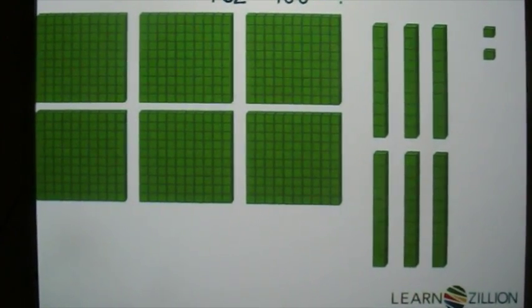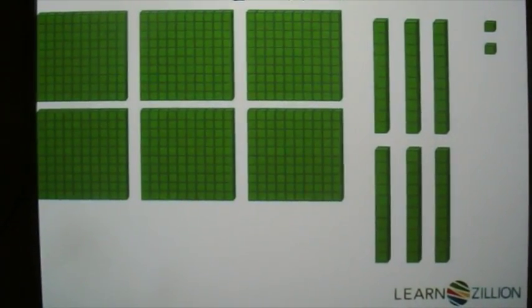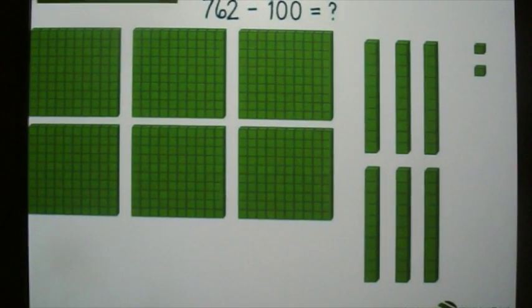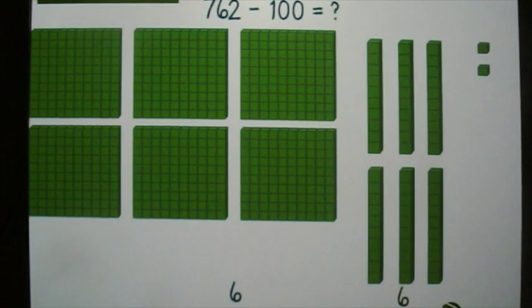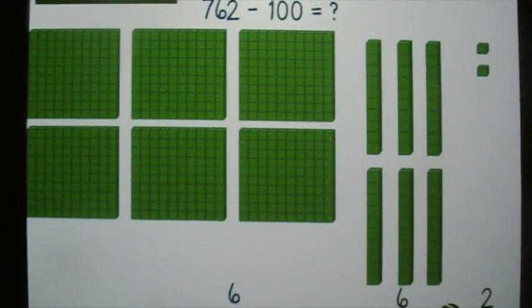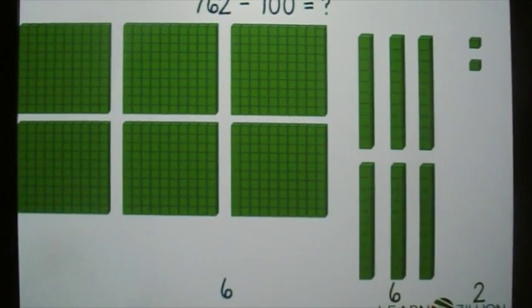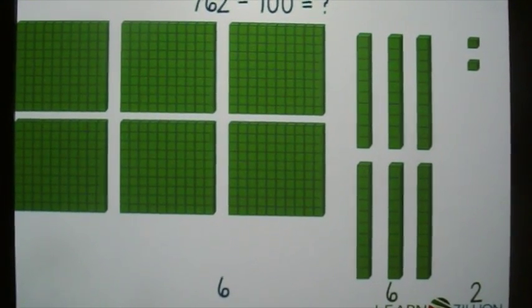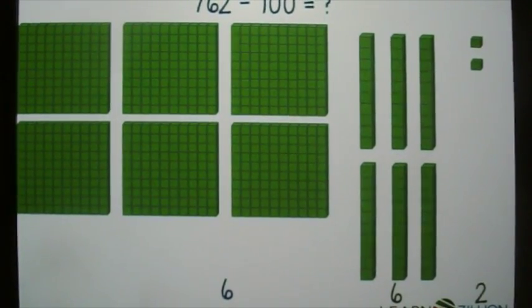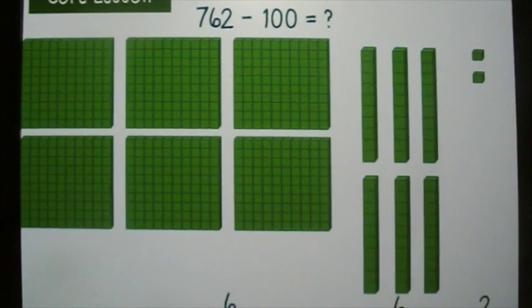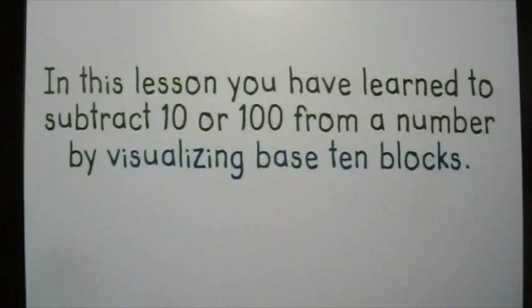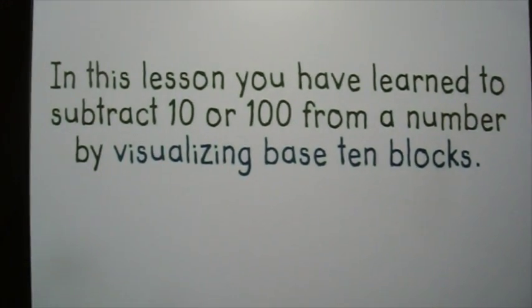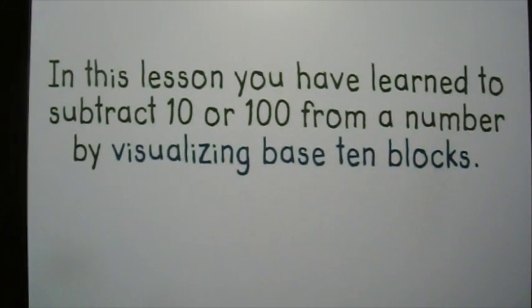Notice how, again, the tens and the ones stayed the same because I only took the 100 away. So now we have 6 hundreds, 6 tens, and 2 ones. So 762 minus 100 is 662. Taking away that 100 just made my hundreds place smaller. In this lesson, you have learned to subtract 10 or 100 from a number by visualizing base 10 blocks.